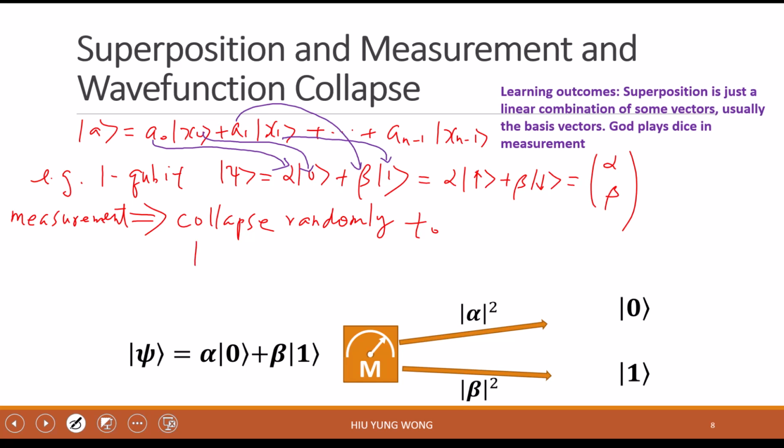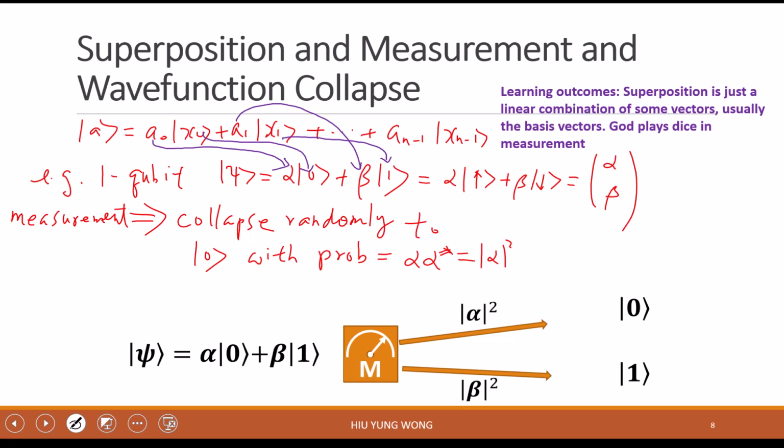It randomly collapses to 0 with a probability equal to alpha alpha star, which is equal to the magnitude of alpha squared. So this is another equation I want you to memorize. You already know, but just review. The magnitude square of a complex number is itself times its complex conjugate.